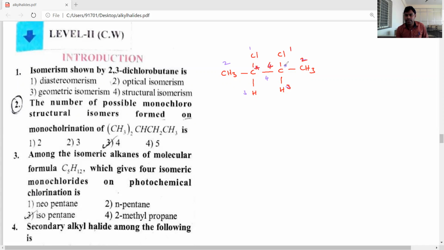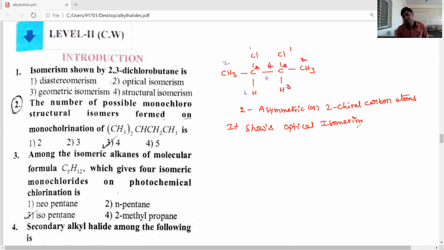So how many asymmetric centers or chiral carbons are present? 2 asymmetric centers, or 2 chiral carbons. Two chiral carbon atoms are present, hence it shows optical isomerism. Okay students, optical isomerism.